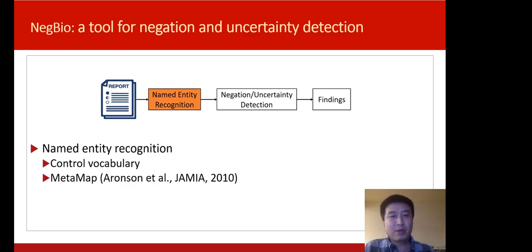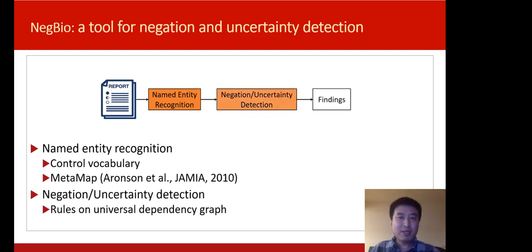We can either use a rule-based recognition tool with a controlled vocabulary, or we can use machine learning-based methods to detect those findings from the reports. And in the second pass, we differentiate negative and uncertain findings from the positive ones. Here we can apply rules on universal dependency graphs to differentiate them. I will describe more details in the next slides.